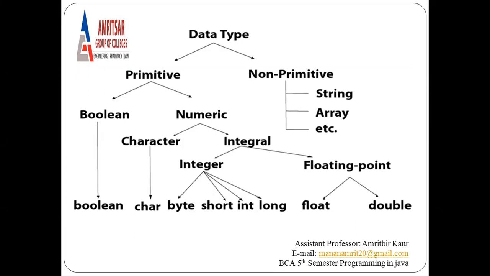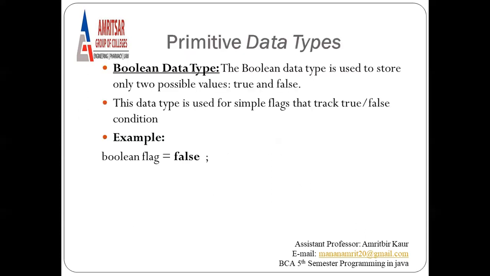In integral, we can store two types of value, whole numbers and real numbers. So there are also two types, integer and floating point. Integer is used to store a whole number without decimal, and float is used to store a real number. In integer there are four data types, and in floating point there are two data types. So now we will study these one by one.